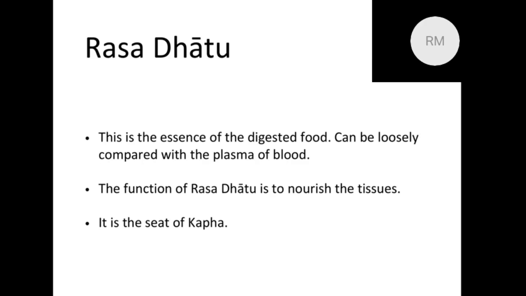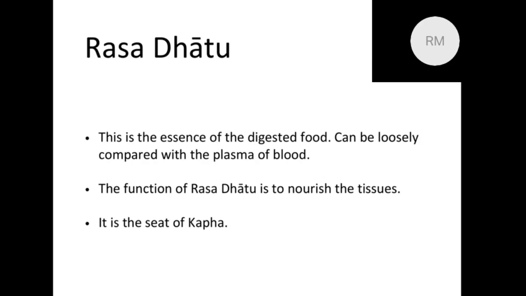So amongst all the Dhātus, only Rasa Dhātu is able to spread everywhere in the body, whereas Rakta Dhātu or blood does not actually come out of the capillaries, because if blood comes out of the capillary into the outside environment, then we have to consider that as bleeding.